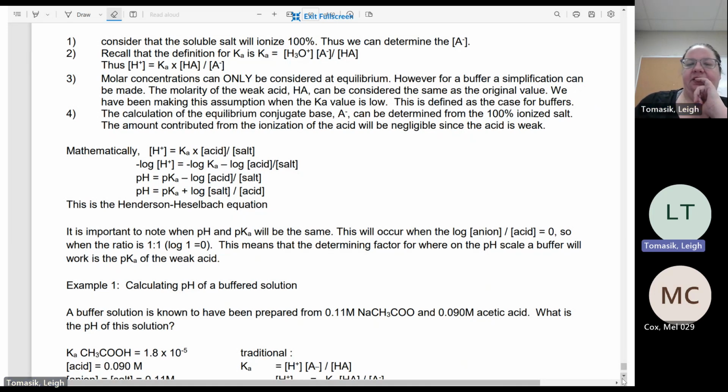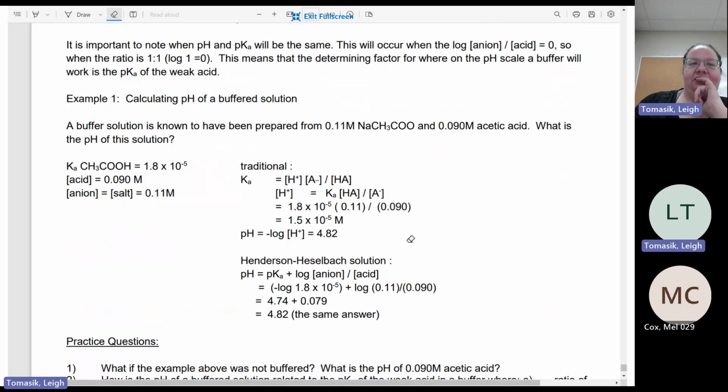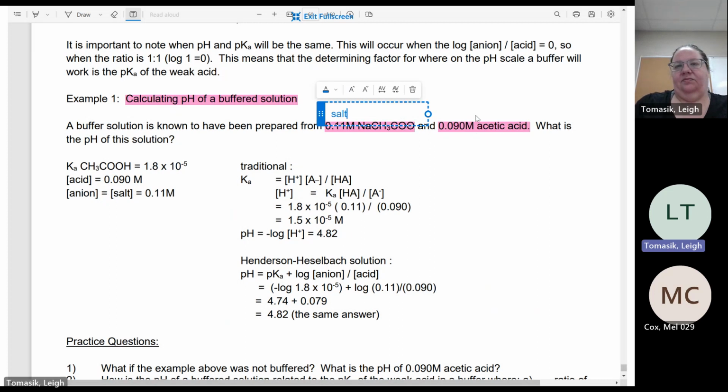Okay, listen. If you have a buffer solution, it's always easier to explain this with a word problem. If we have a buffer solution and we have to determine the pH of it, it gives us here a salt and a weak acid, and then we have the concentration of both.